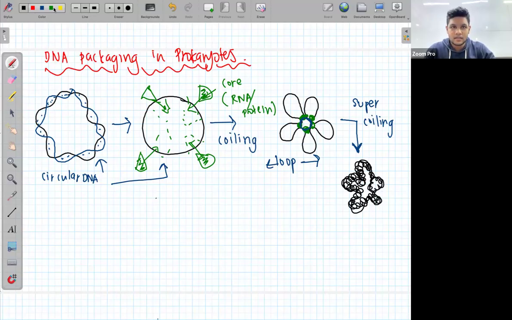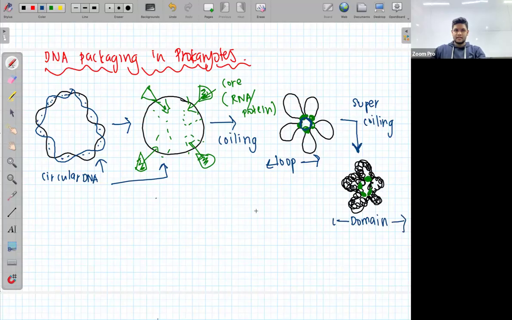Still the cores are holding them at this point. At the end of the supercoiling process, the structure that is formed is called a domain.